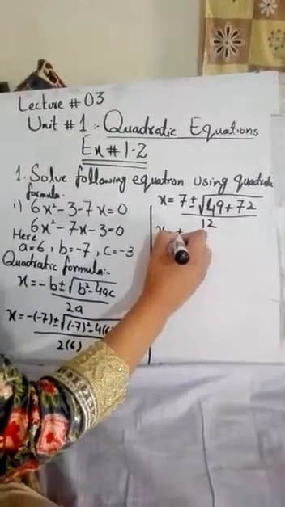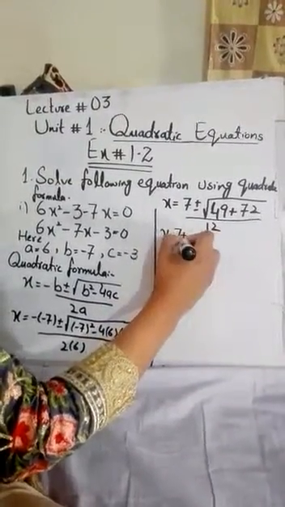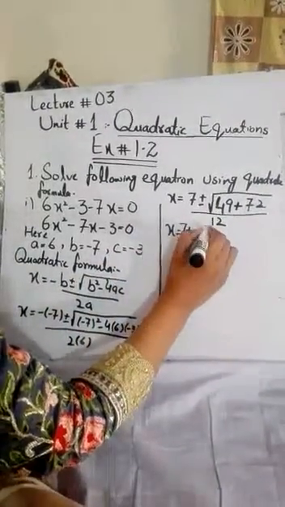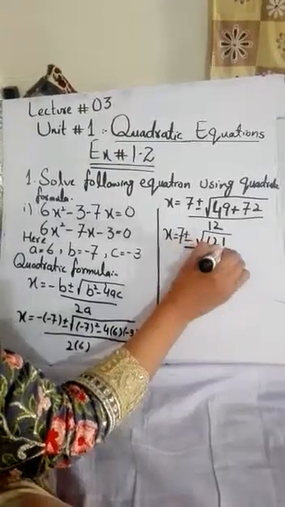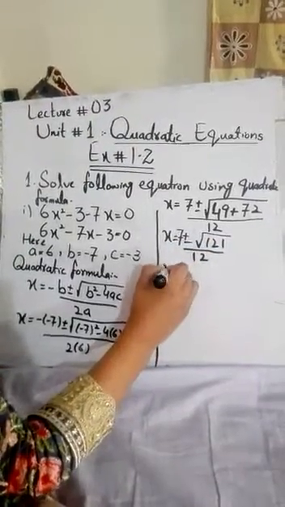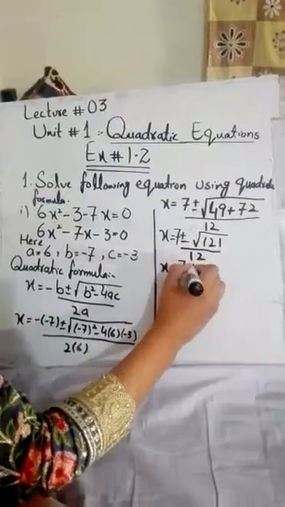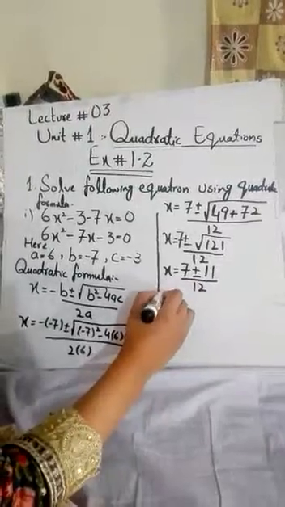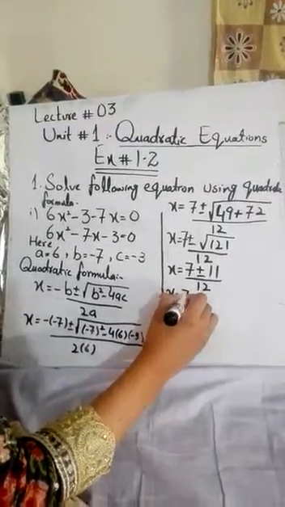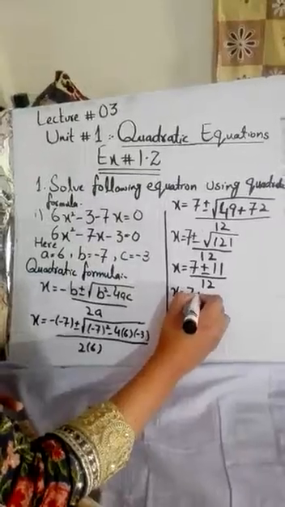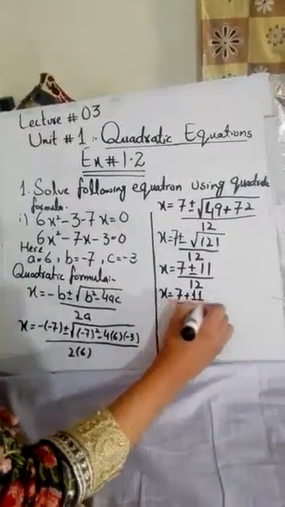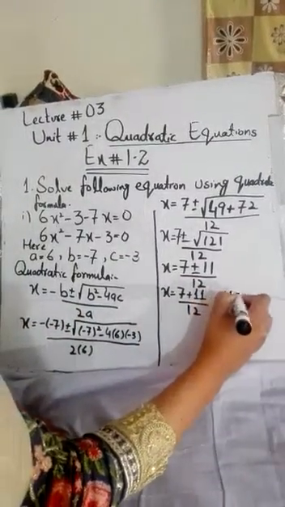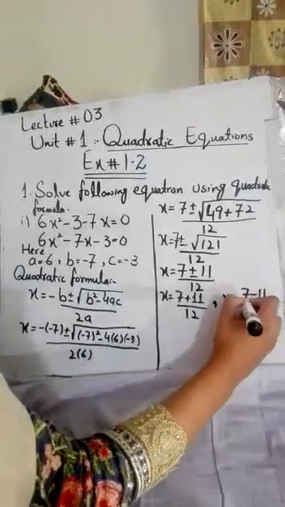x is equal to 7 plus minus, it will become square root of 121, and square root of 121 is equal to 11. x is equal to 7 plus minus 11 by 12. Write it: x is equal to 7 plus 11 by 12, and x is equal to 7 minus 11 by 12.